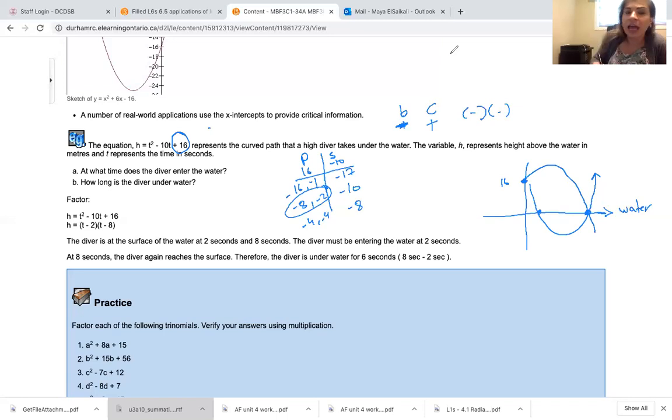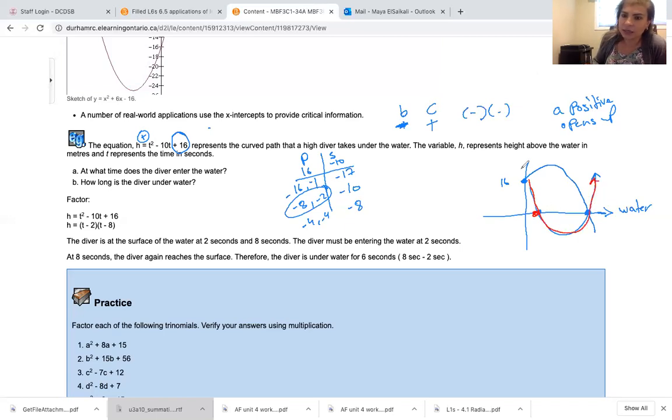I did not consider that A is positive. And if A is positive, that means it opens up. So my graph should not be the blue one, it should be the red one, right?